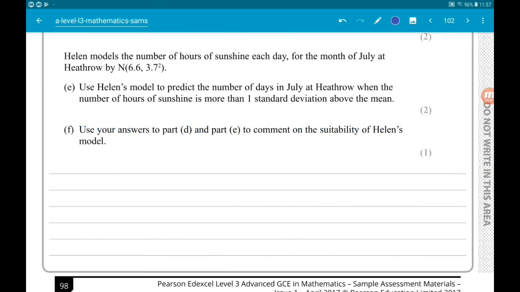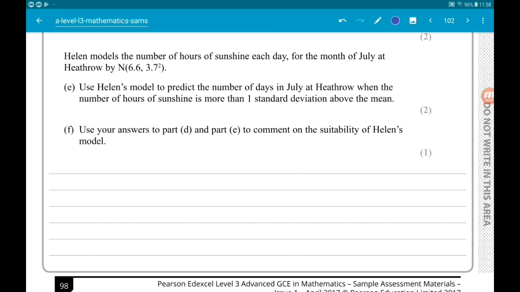Okay, next up, Alan models the number of hours of sunshine each day for the month of July at Heathrow as normally distributed with mu 6.6 and the variance as 3.7 squared.